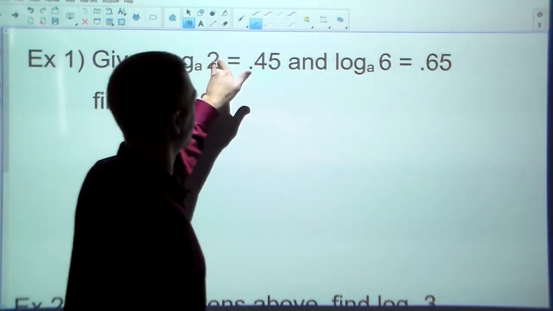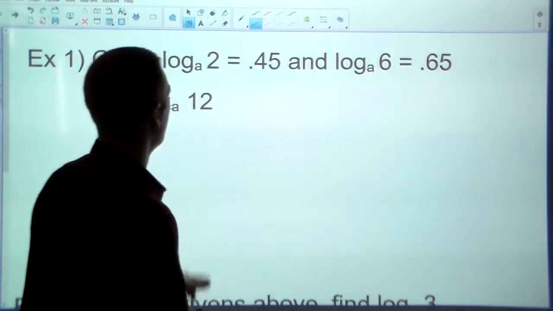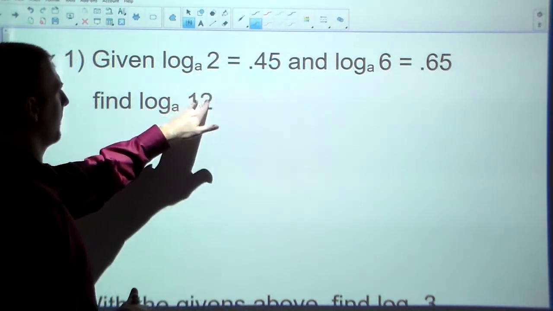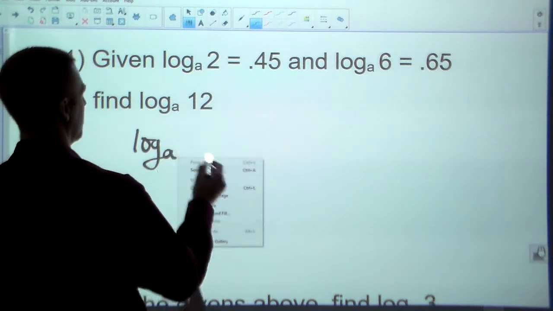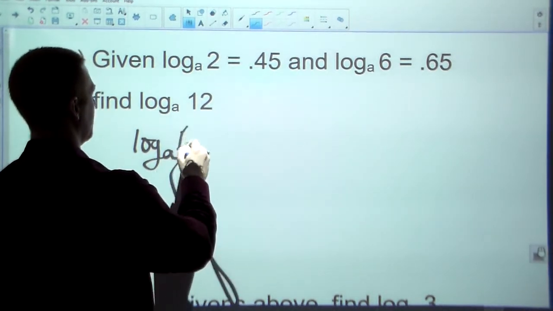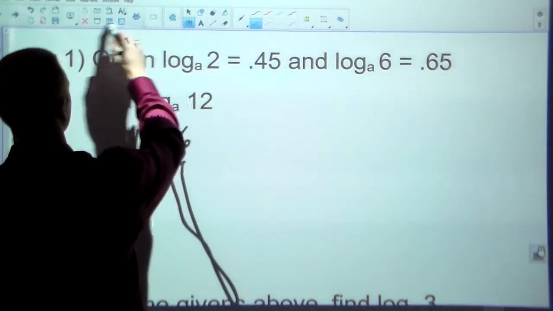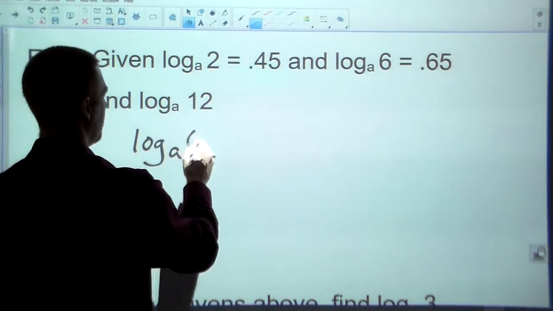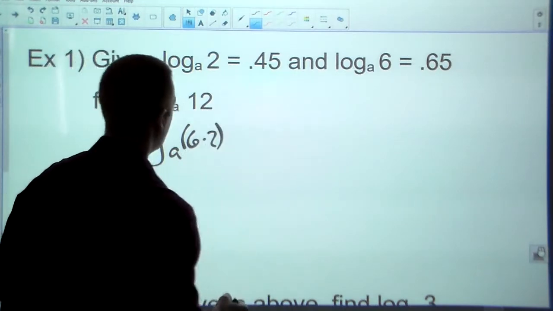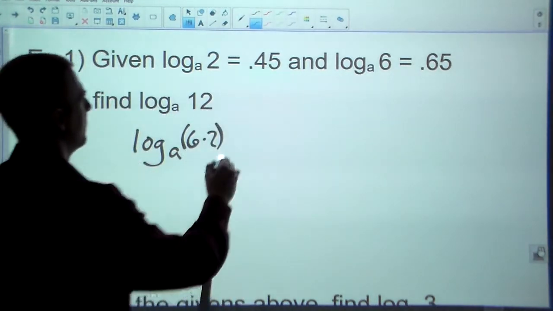We've got a log base a of 2 and a log base a of 6. And if you think about 2 and 6 and how you can make 12, well, what they're asking you or wanting you to do here is to say, all right, well, log base a of 6 times 2 would also be 12.